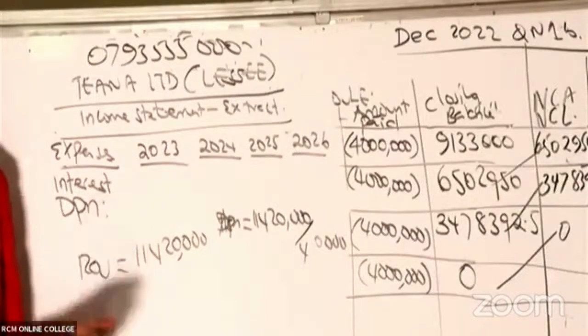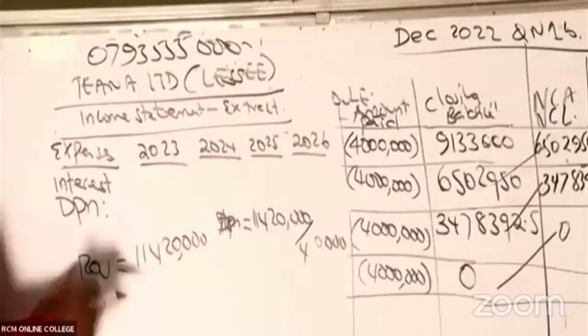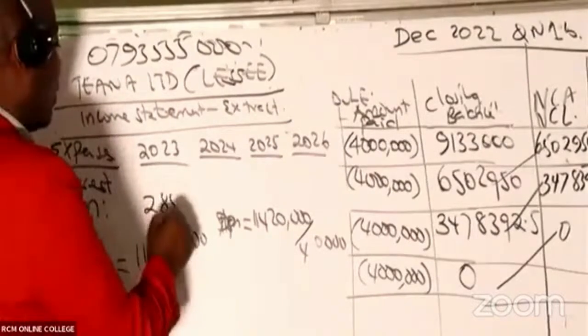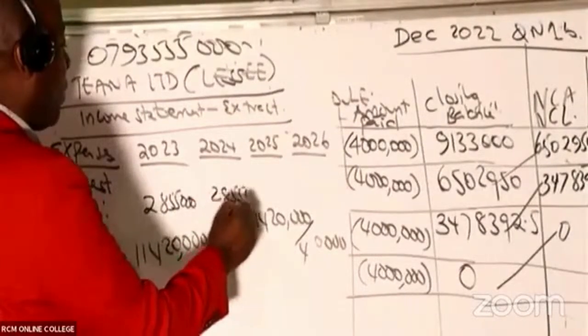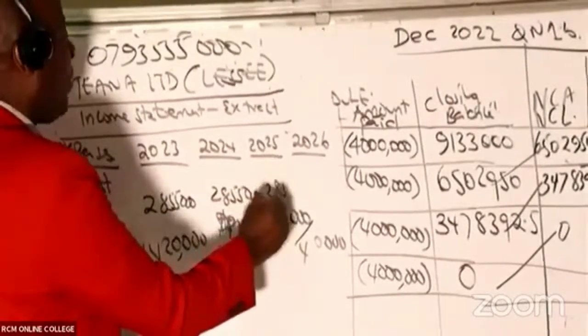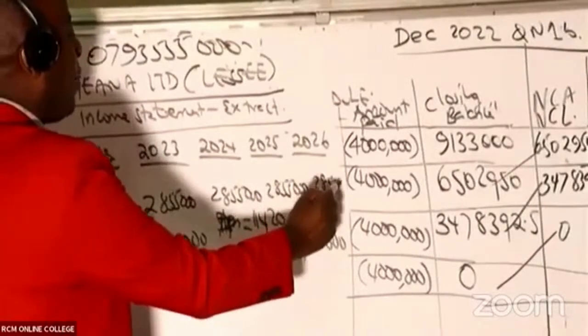Which in this case gives us 2,855,000. So this 2,855,000 is what you write there, because it is straight line, the same amount throughout.